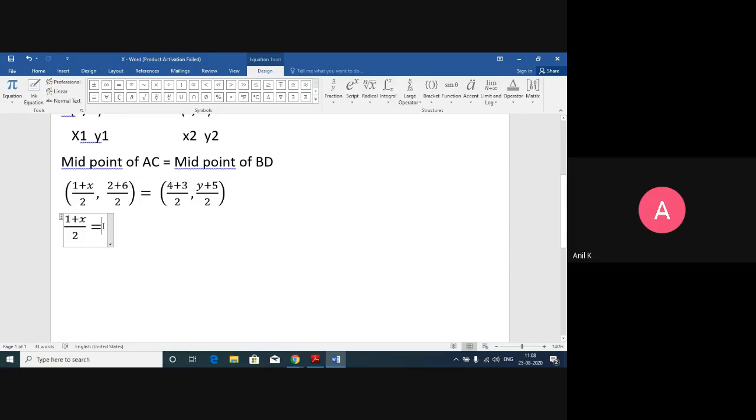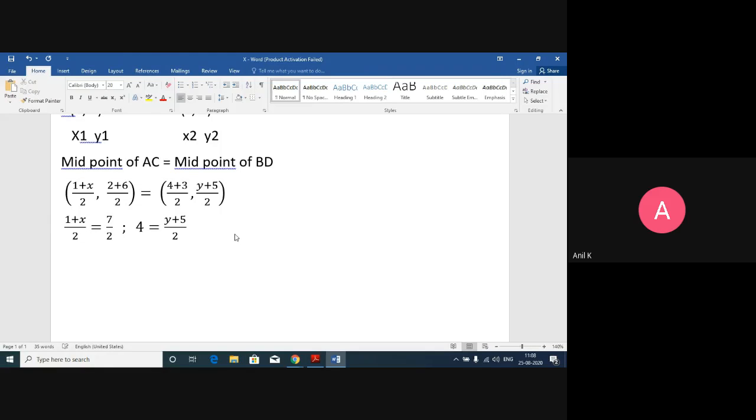You can simplify, 4 plus 3 is 7, so you can write it as 7 by 2. The second condition I get is 2 plus 6 by 2. 2 plus 6 is 8, 8 by 2 is 4, which equals the y coordinate, y plus 5 upon 2. So these are the things.